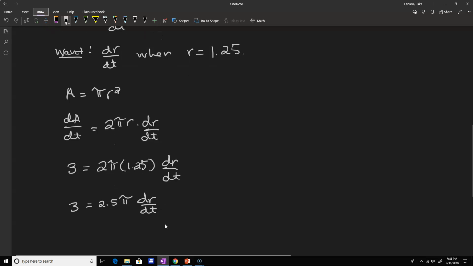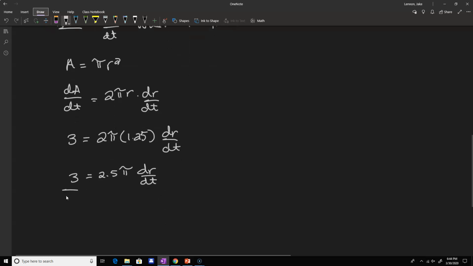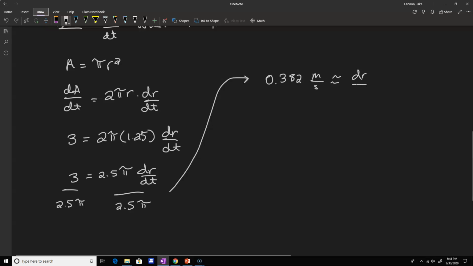And then to solve, we just divide both sides by 2.5 pi. So dr dt is approximately 0.382, and it's a rate of change of the radius over time, so that's meters per second. Again, we're just approximating to 3 decimal places here because obviously pi is something that is not going to have an exact value.